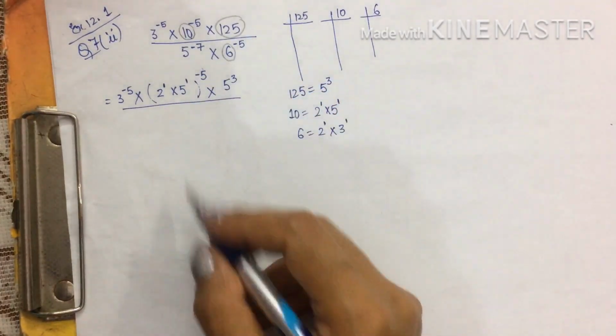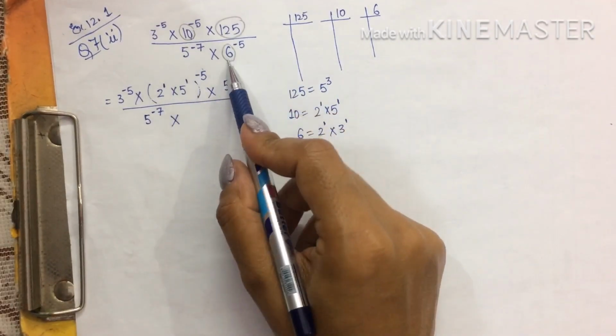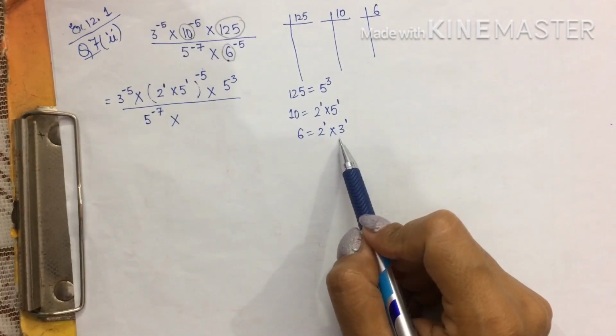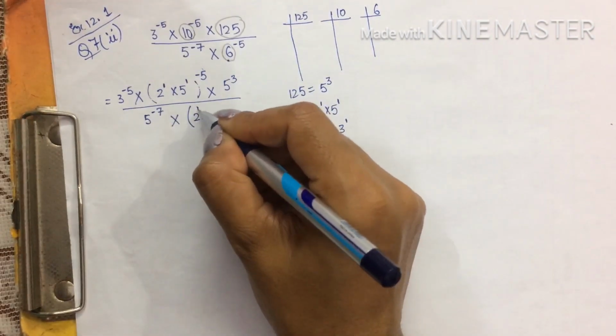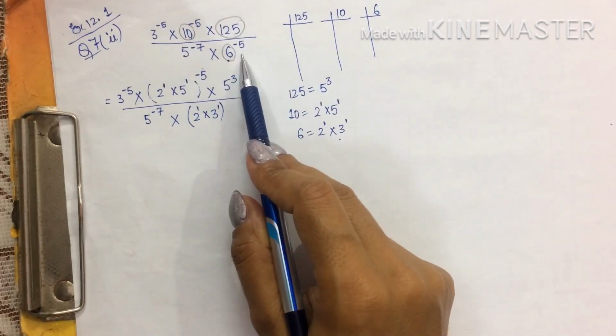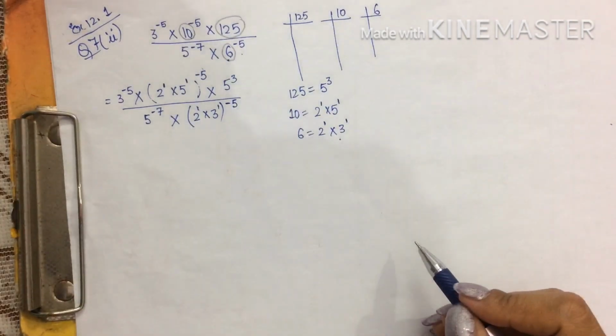In the denominator, the first term, no change. The second term, the encircled value 6, can be written as 2 raised to the power 1 into 3 raised to the power 1. And since this encircled value had exponent minus 5, the exponent for this bracket will also be minus 5.